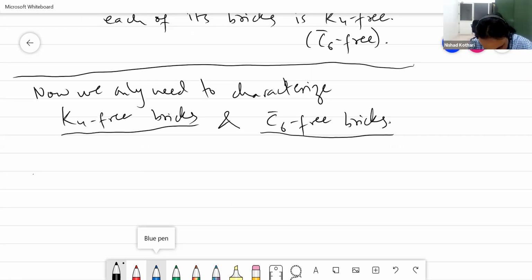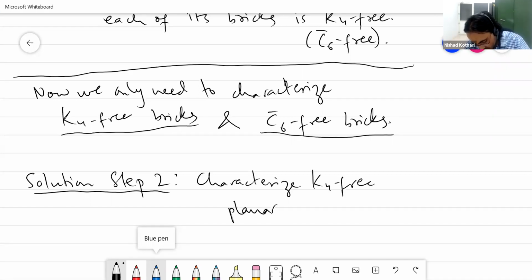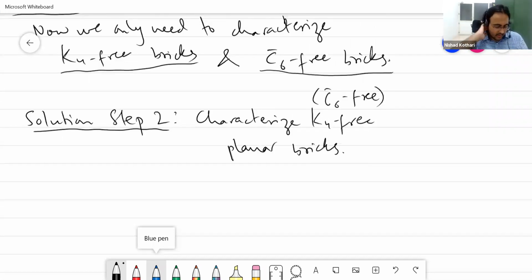So solution step 2 is that we were able to characterize K4 free planar bricks. We were able to do the same for prism free, but in this talk, because we have only 5 more minutes remaining, I will only talk about K4 free. Okay. All right.